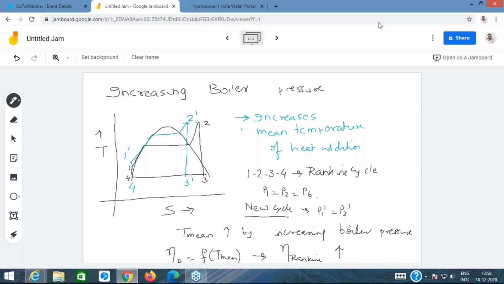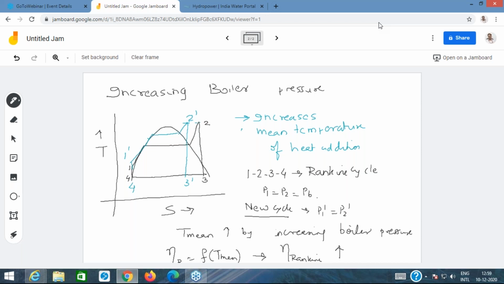If you look at the pressure at which the steam is generated in the power plants, you'll find that the boiler pressure is significantly high. The reason being, by increasing the boiler pressure, one can increase the conversion efficiency, heat to work efficiency, that is the Rankine cycle efficiency. So that is an advantage.